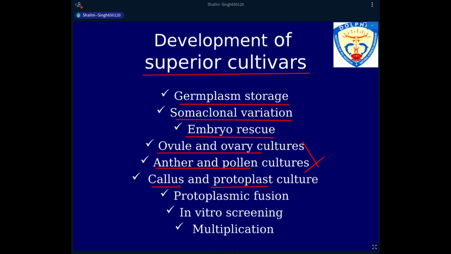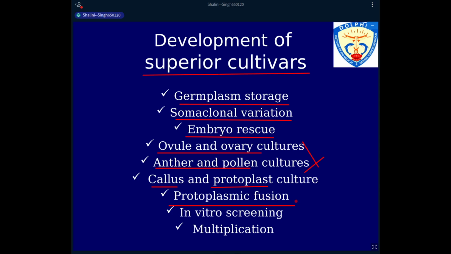So what is protoplast? Protoplast is a cell without a cell wall. And these protoplasts are fused to make somatic hybrids, where normal hybridization is not possible due to various reasons. You can do protoplast fusion.